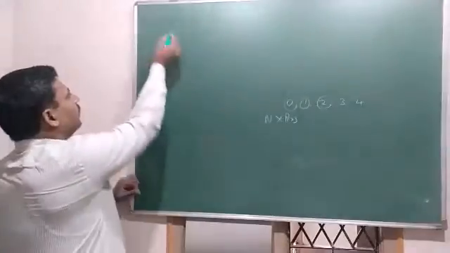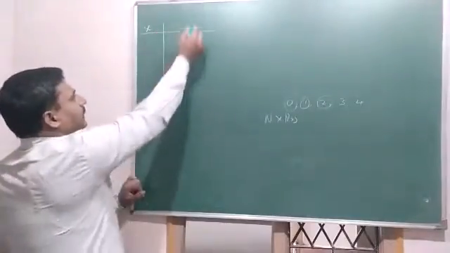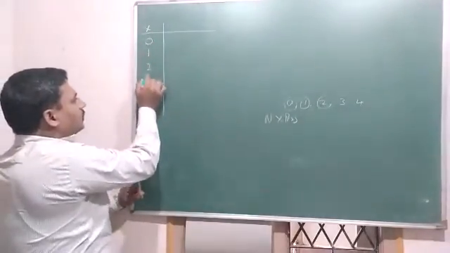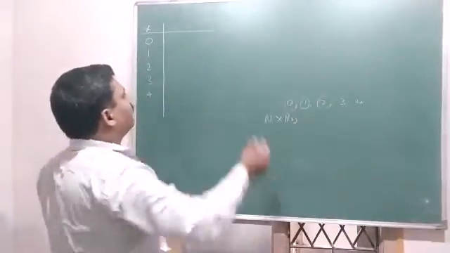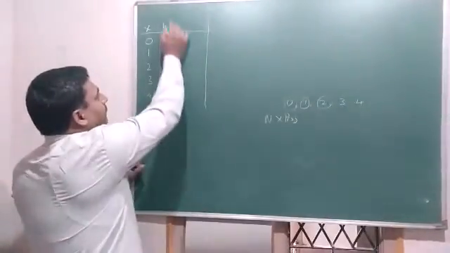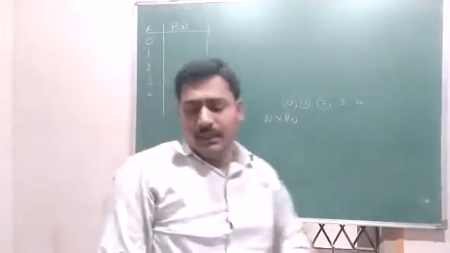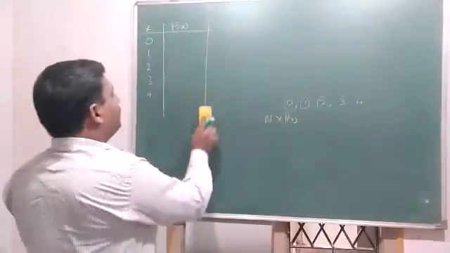Here the random variable is 0, 1, 2, 3, 4. Then p of x, the probability we have to identify for each of the x values.